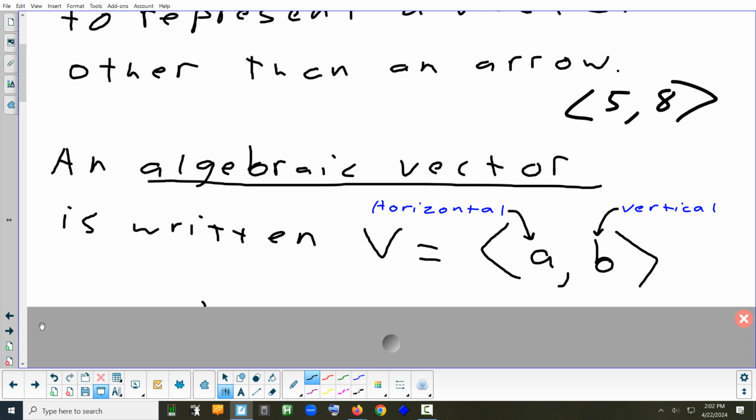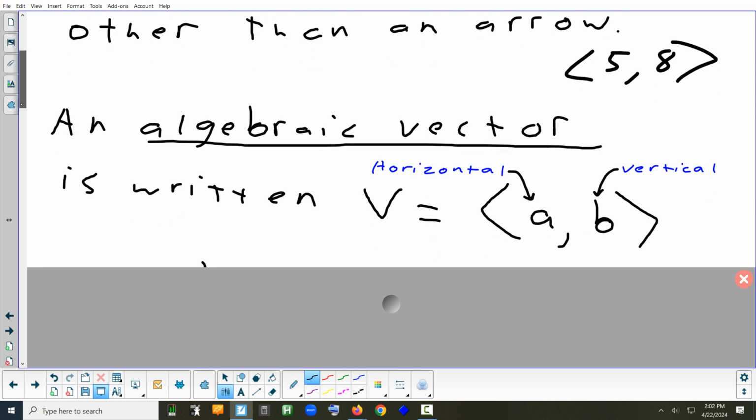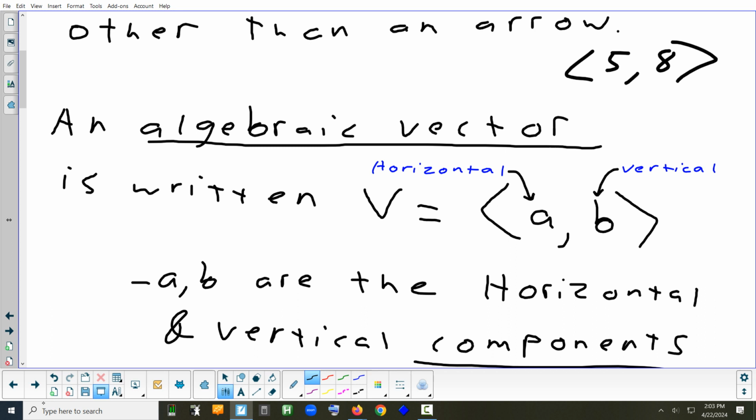So the A and the B are like a horizontal and a vertical. You can think of the A and the B as directions. In the case of the one I wrote, 5 units right, 8 units up. We call the A and the B the components of the vector, the horizontal and the vertical components.